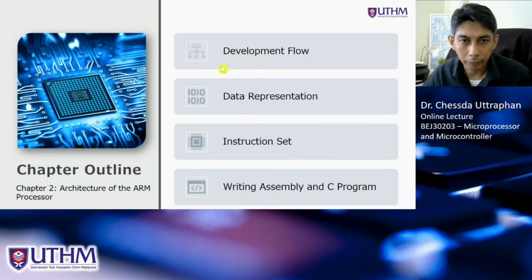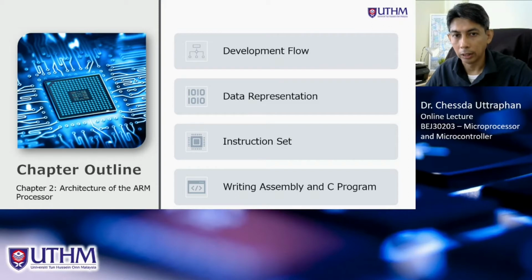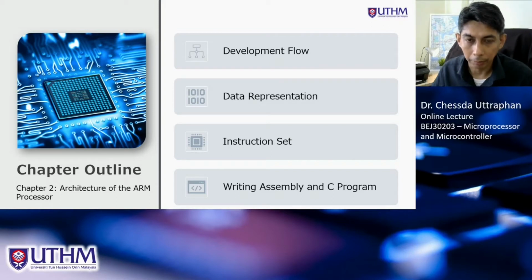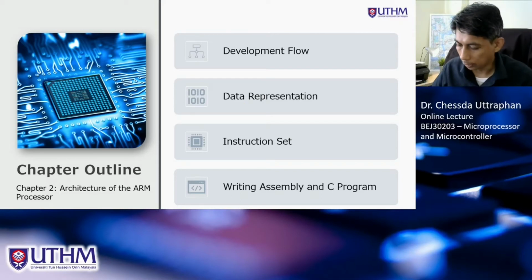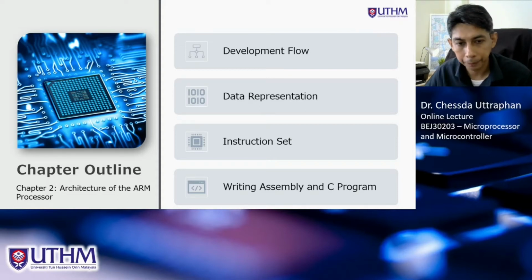Last week we looked at the development flow of how to develop a microprocessor project, and we looked at data representation, how we represent or use the data in the microprocessor.